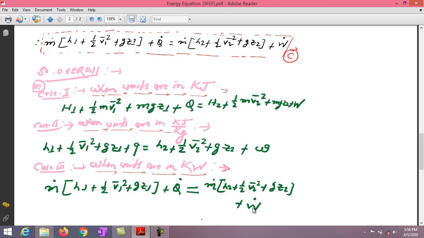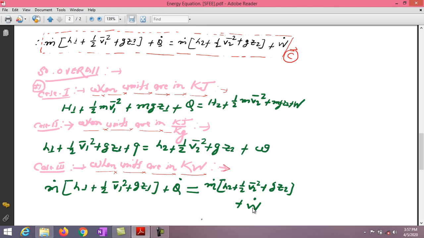So in numericals, we have to be careful about the unit of each quantity. If units are in kilojoule, we have to pick equation number 1. If units are in kilojoule per kg, we pick case 2, equation B. When units are given in kilowatt, we pick equation 3. Simply, we have to pick one equation.